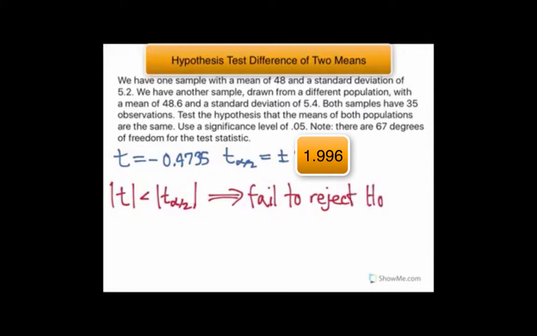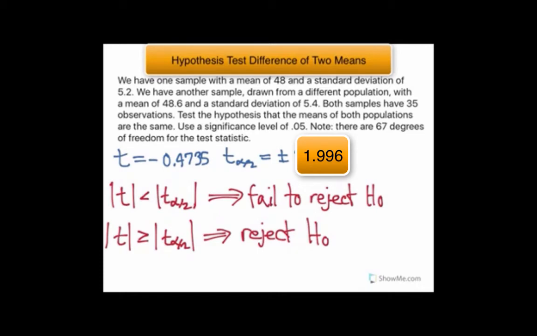And then the opposite case is, well, if the absolute value of your test statistic is greater than or equal to your critical value, you reject the null hypothesis.